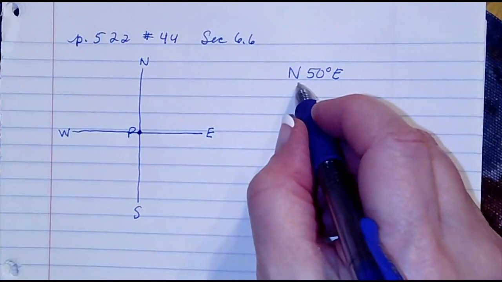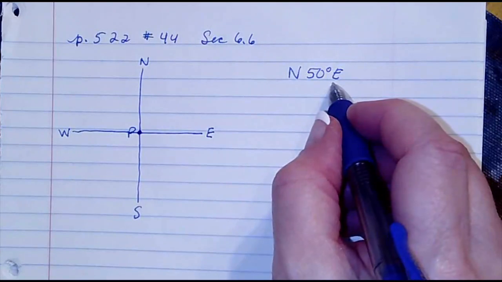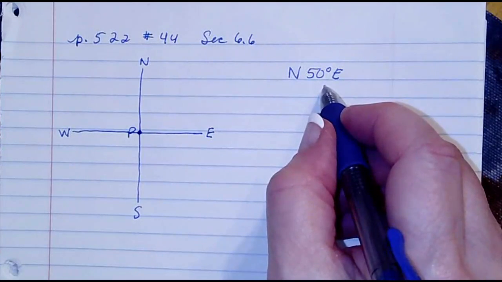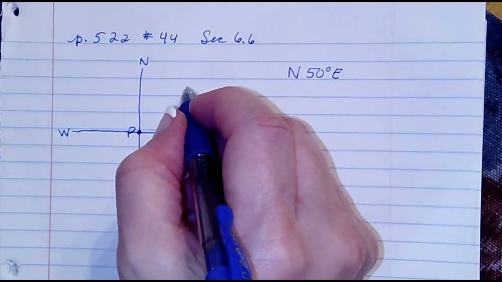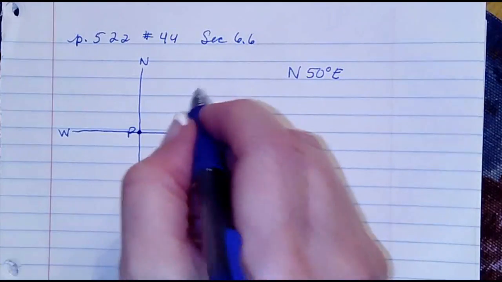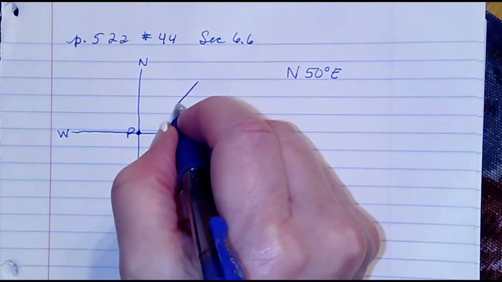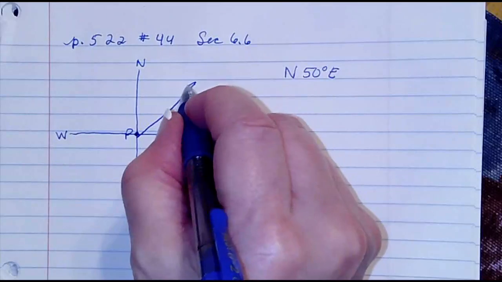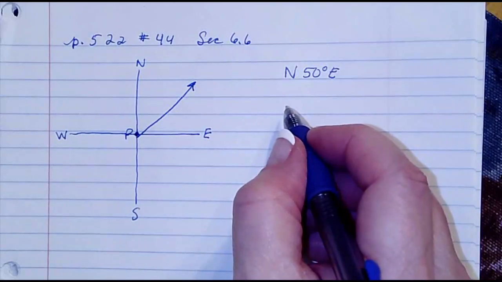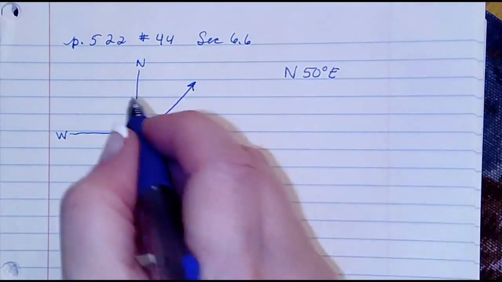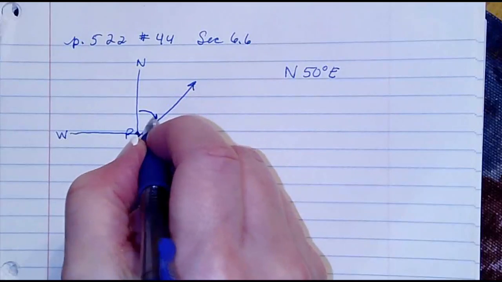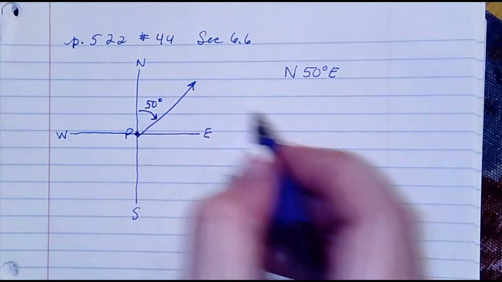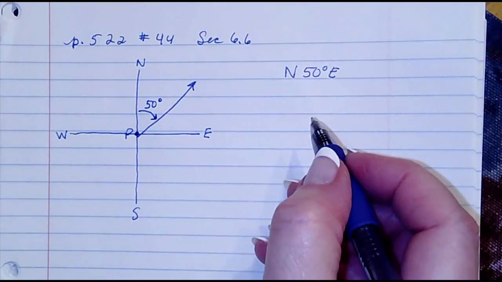The bearing is you're going to start at north and go towards east 50 degrees. So that's going to be a little bit more than half, right, from north to east. So we're going to put our line going in like this. Where's our 50 degrees? From north to east would be the 50 degrees. So we agree with that for the bearing.